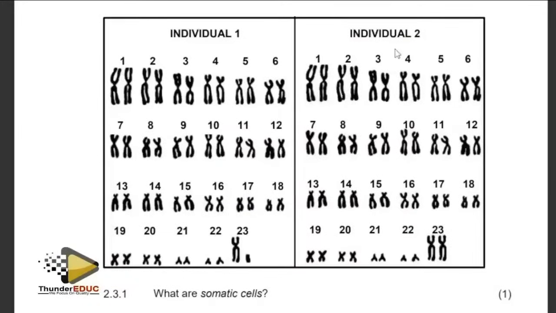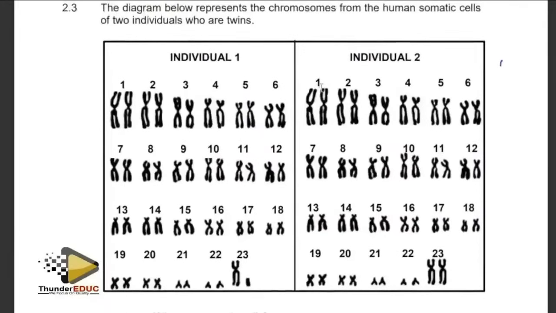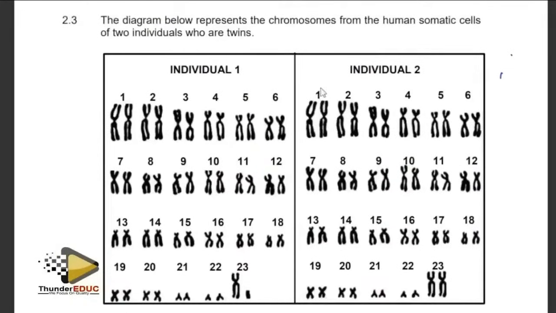is individuals are made up of 46 chromosomes or 23 pairs of chromosomes. Yes? 46 is a mark.